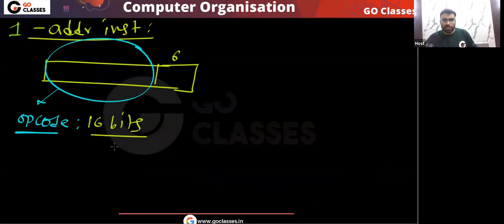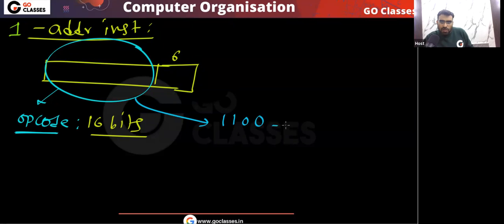Here you can notice, what are the first 4 bits possible? Look at this opcode. The first 4 bits can be these, and then there will be 12 bits remaining.